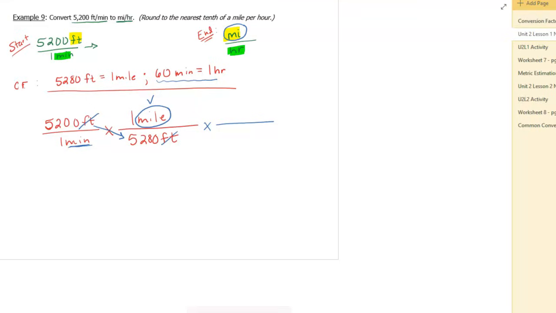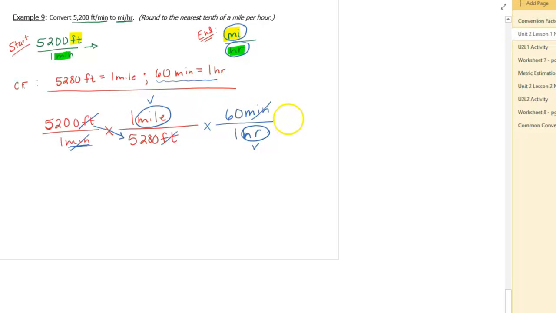Well, if minutes are in the bottom here, they're going to have to go on top in this fraction. So I put 60 minutes on the top and then 1 hour on the bottom. So the minutes will cancel with this minutes. I'm left with hours, which is what I wanted. So I'm done with my unit analysis string.